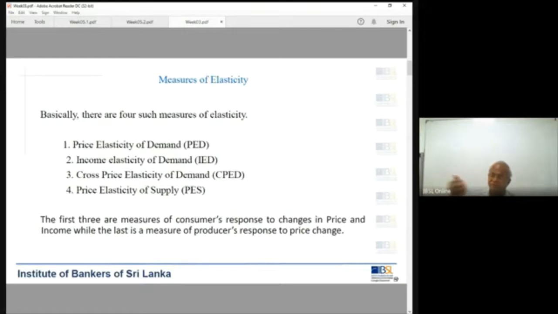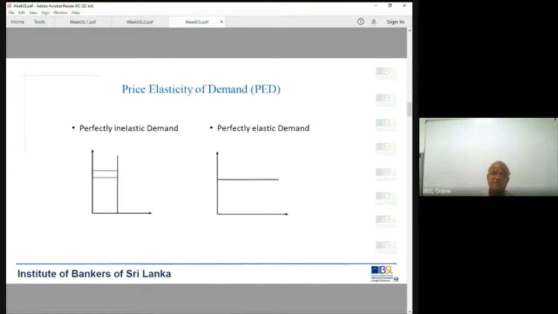When paddy price increases, the paddy farmers might change quantity supplied. When fish price changes, fishermen might change the quantity supplied. By how much? That is the quantification of the supply of the good or service. That is the last measure.